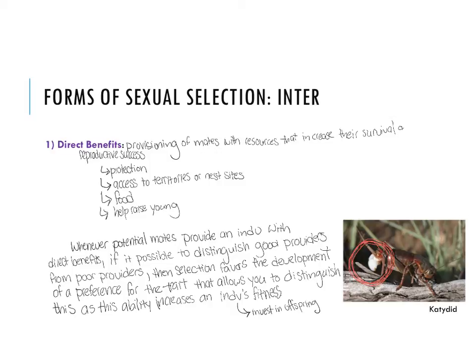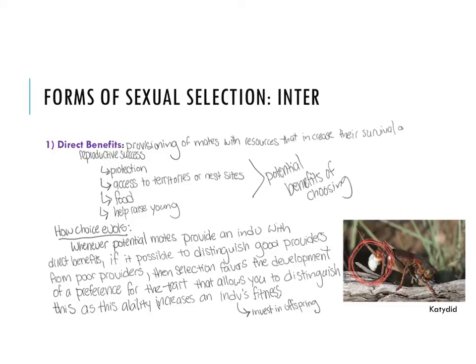And so here again are the potential benefits of choice. Okay, and this is how choice evolves, right? So we have to see differences in fitness, and we do. If you cannot tell apart a good provider from a bad provider, then you're going to mate at random. Sometimes you're going to get a good provider, sometimes you're going to get a bad.